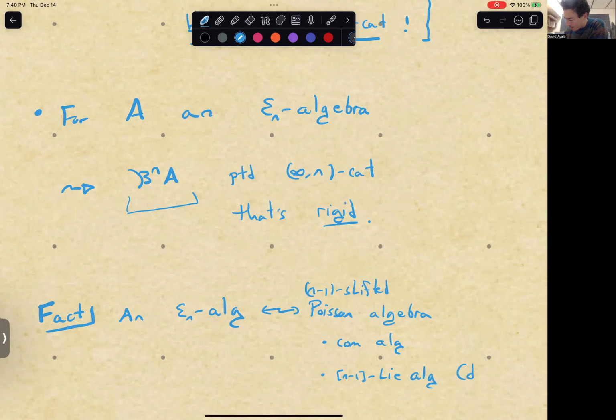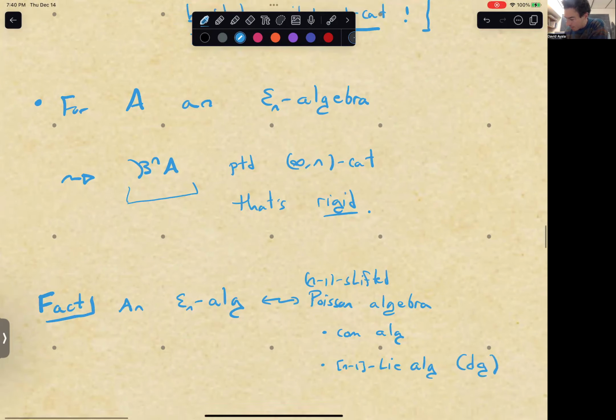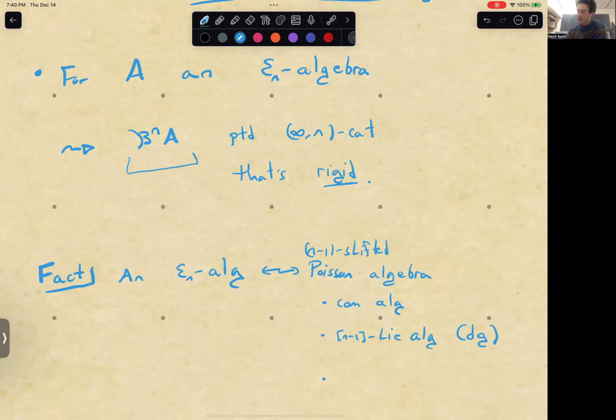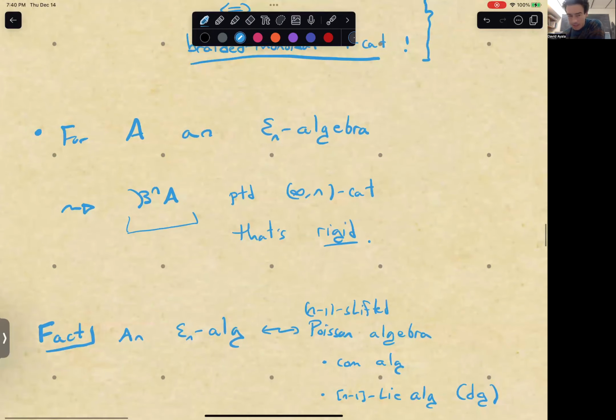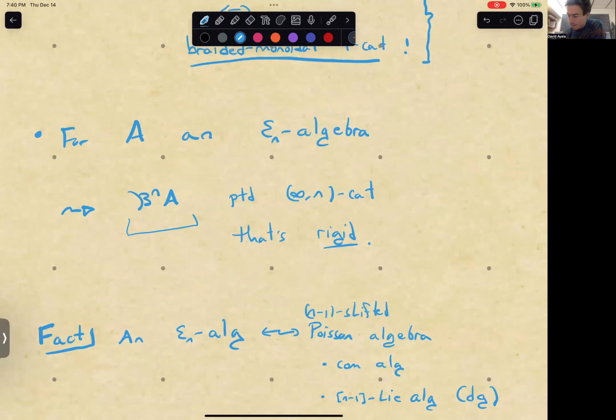And for this to make sense, it's got to be in a DG setting, and then such that the Lie algebra structure is a derivation with respect to the commutative algebra structure. So Poisson algebras therefore give examples of infinity n categories that are rigid.